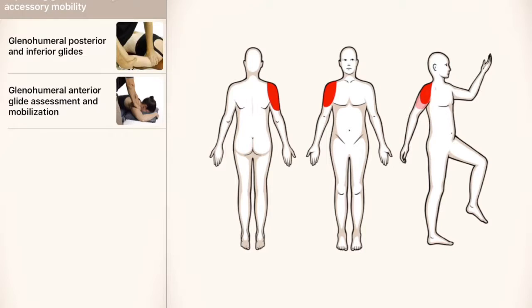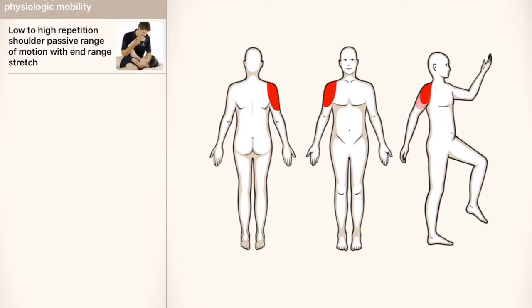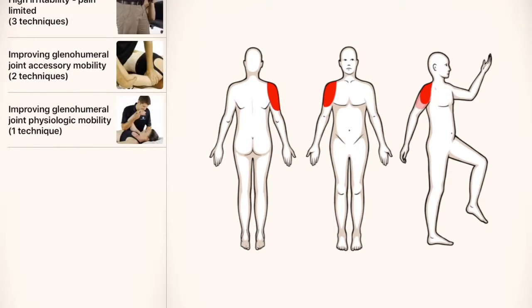You can see posterior and inferior glides. And we can also begin to progress from low to high repetitions of passive range of motion and slowly go into the end range stretches. So that's the point of thinking about frozen shoulder as being a multi-phase, multifaceted pathology that has different phases that we need to manage differently.